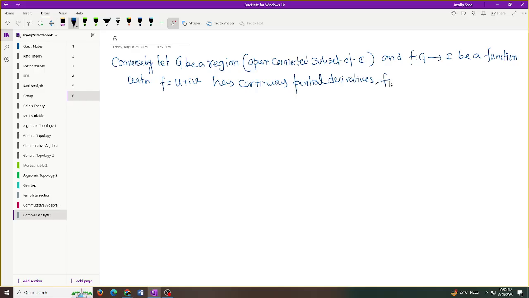Furthermore, del u del x equals del v del y, and del u del y equals minus del v del x.